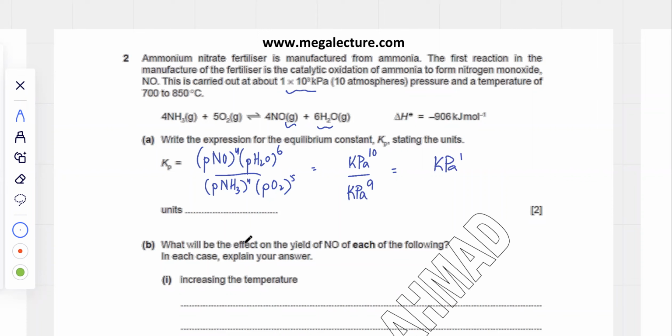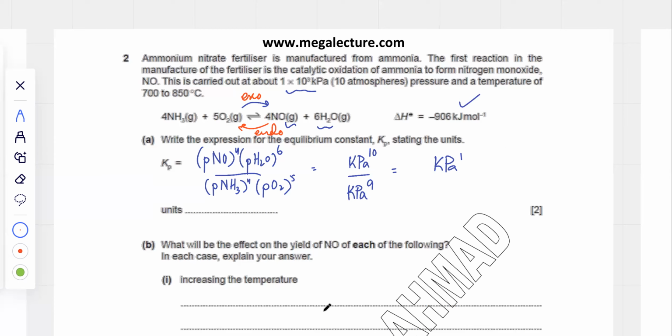Now, part B is what will be the effect on the yield of NO of each of the following, in each case explain. So this is about Le Chatelier's principle. He's already told us that the forward reaction is exothermic, which means that the reverse reaction is endothermic. So where would the equilibrium shift if you increase temperature? Which reaction is favored, endothermic or exothermic?